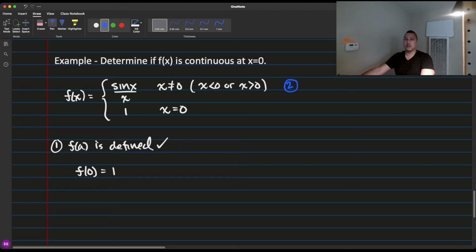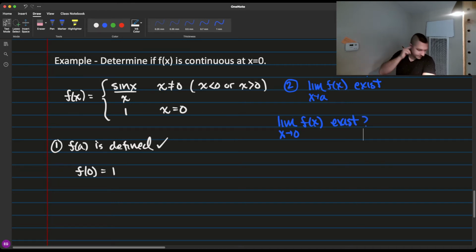Okay, now we do criteria 2. Does the limit as x approaches a exist? Well, we're looking at the continuity at 0, so you ask yourself, does the limit as x approaches 0 of f of x exist? So that means we need to know if the limit as x approaches 0 of sine x over x exists.